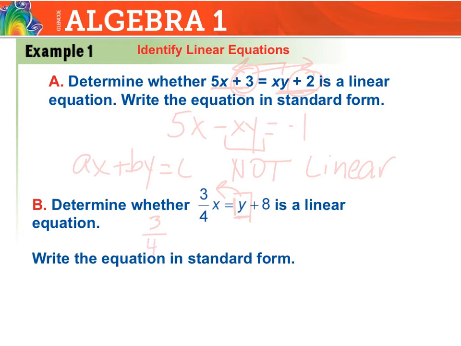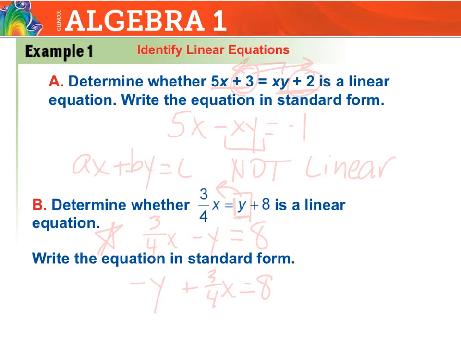Again, 3/4 x and y do not combine, so we just leave them like that and we're done here. So this is in standard form. Is it technically wrong if you put the y first and said negative y plus 3/4 x equals 8? No, that's not wrong, but in standard form, we typically like to see it with x first and then y.